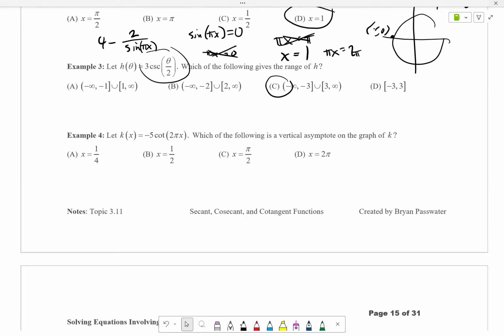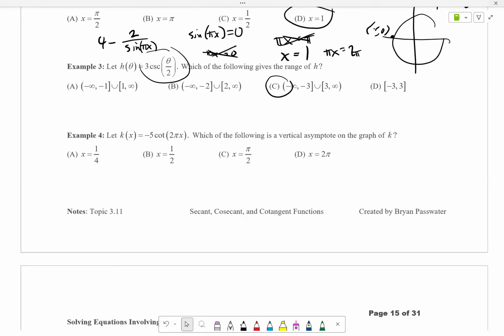Oh yeah, 2 pi. By the vertical asymptotes, the denominator has to be 0. So instead of 0 to pi, it's changing. Okay, 8 more seconds.